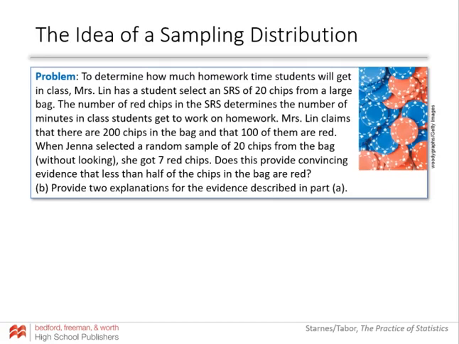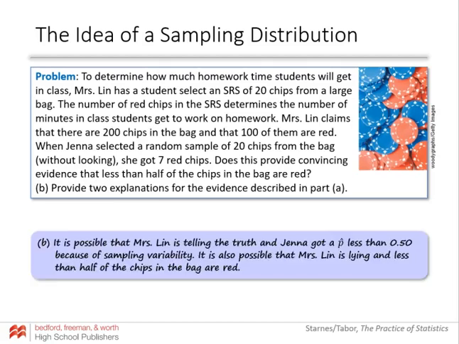There are 2 possible explanations for how she could have gotten only 7 out of 20 if truly half of the chips in the bag are red. Explanation number 1 is they really are half and half. Half of the chips truly are red, and this sample of 35% is because of sampling variability.